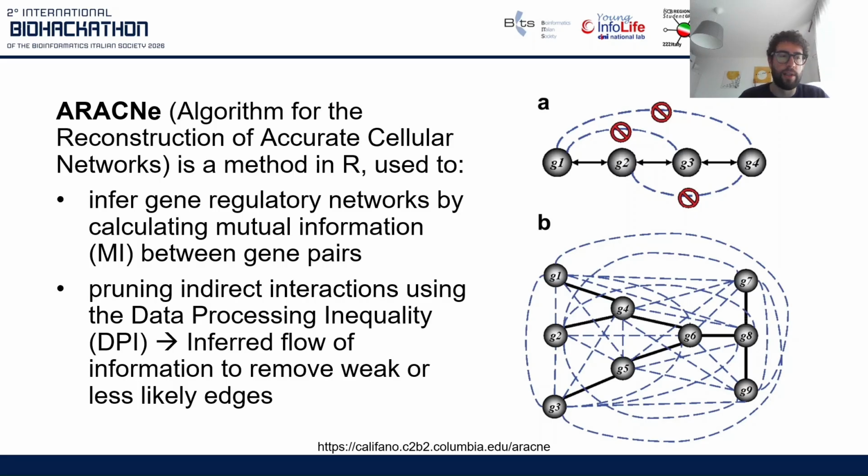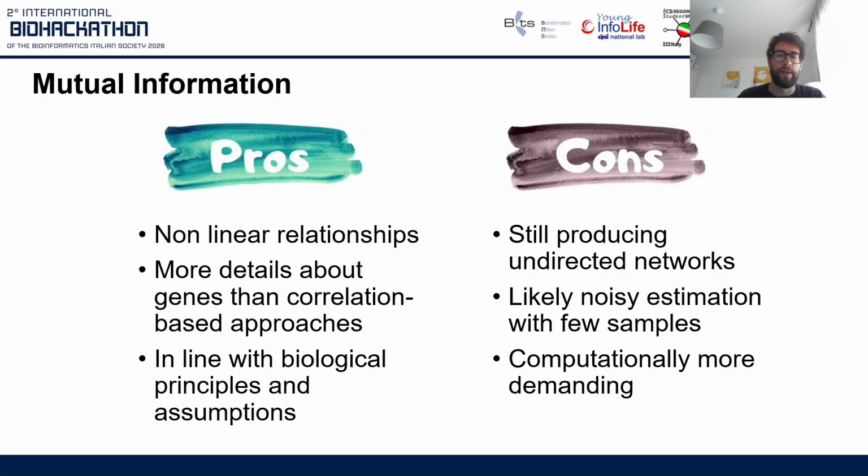As a plus, it has a pruning step that uses the data processing inequality to try to limit the inference of weak or less likely edges and produce a cleaner output result. Still, mutual information is not perfect because you are producing, as we said, undirected networks.